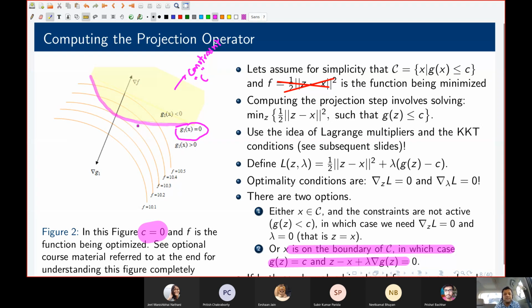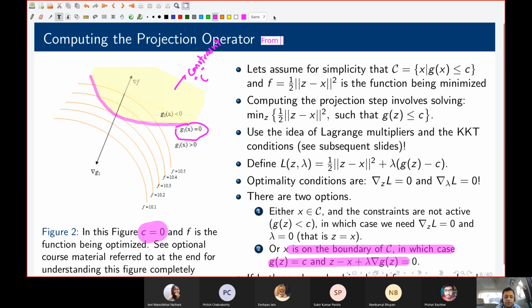The proximal in some sense is like, in that sense it's correct. The overall function may not have been f, but in this specific case the function we are trying to minimize is 1/2 the norm squared of z minus x. So in that sense it's correct, but this is simply from a projection perspective, one iteration of projection. So let me write that clarification.